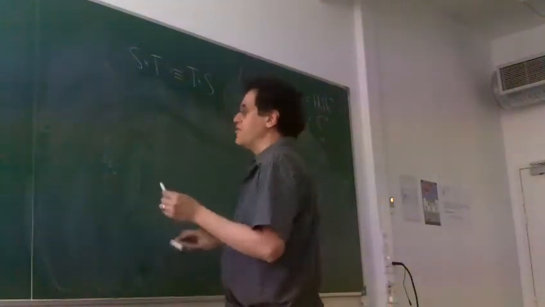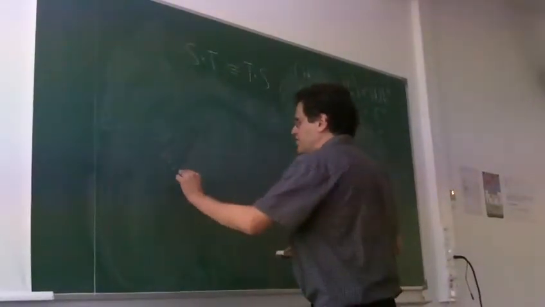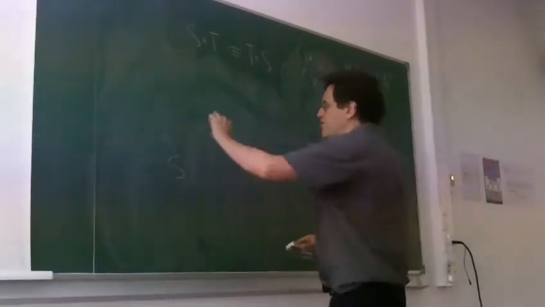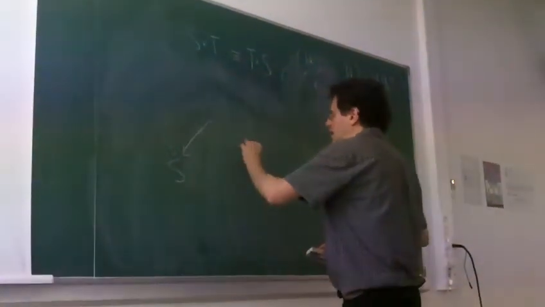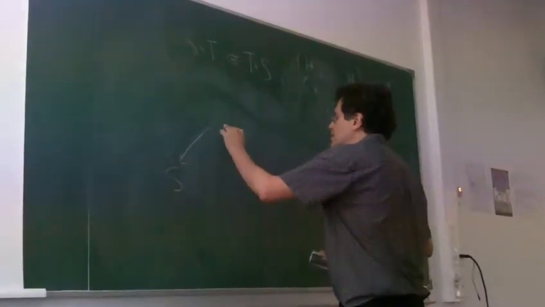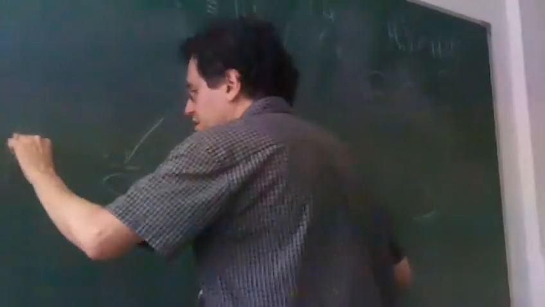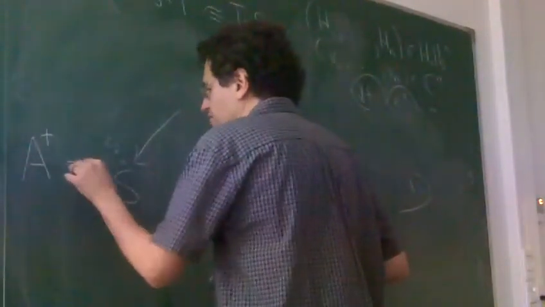So there's this groupoid of finite sets, and there are things like this span that I'm calling the creation operator.